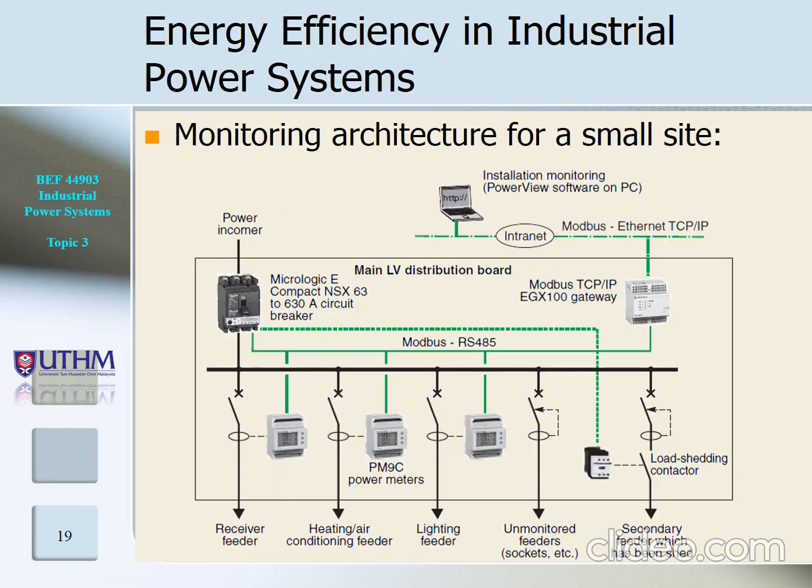This is the monitoring architecture for a small site. You can see there is a PC for installation monitoring, and some software that will be installed. There is a power incomer here, and also some Modbus for internet.